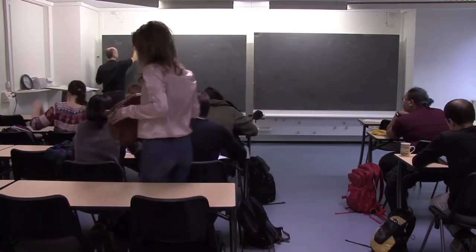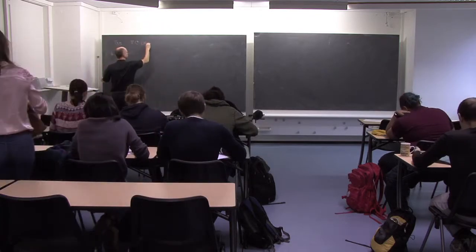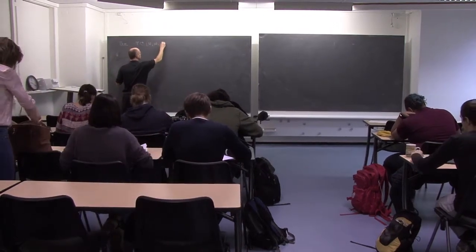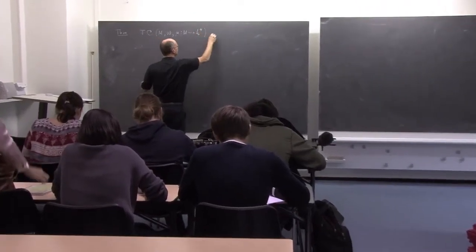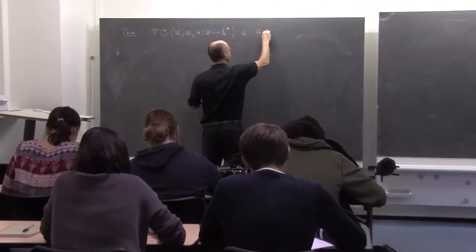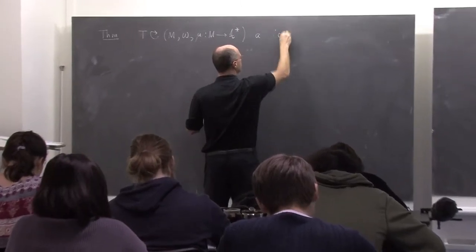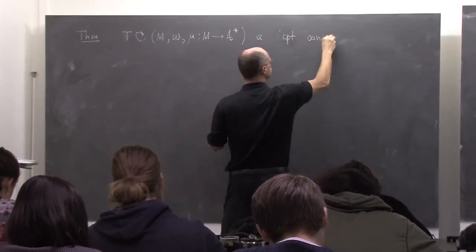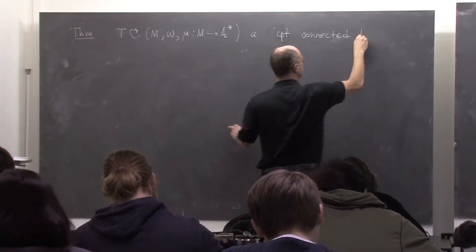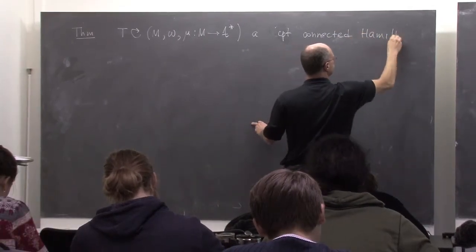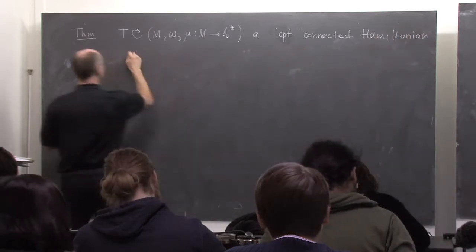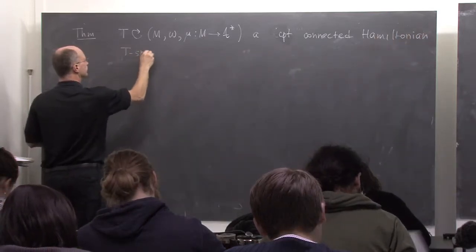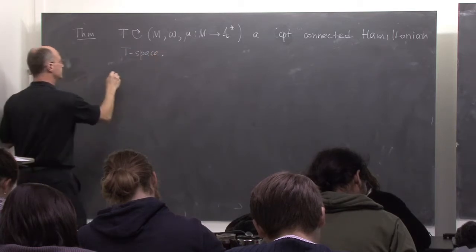So we have a compact connected Hamiltonian T-space, M, omega, mu.